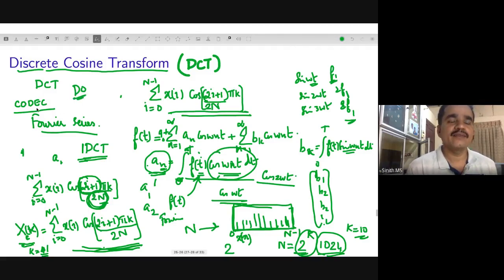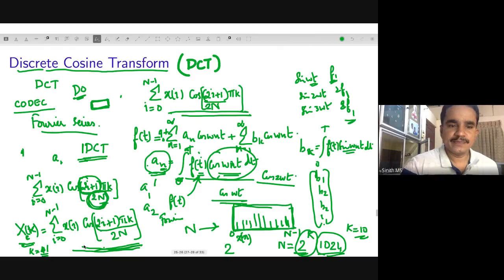If encoder and decoder have almost the same hardware, your codec chip will become very small because your hardware for encoding and decoding is similar. So DCT is an example where encoding and decoding can be done with very similar hardware. We shall see how that is done.